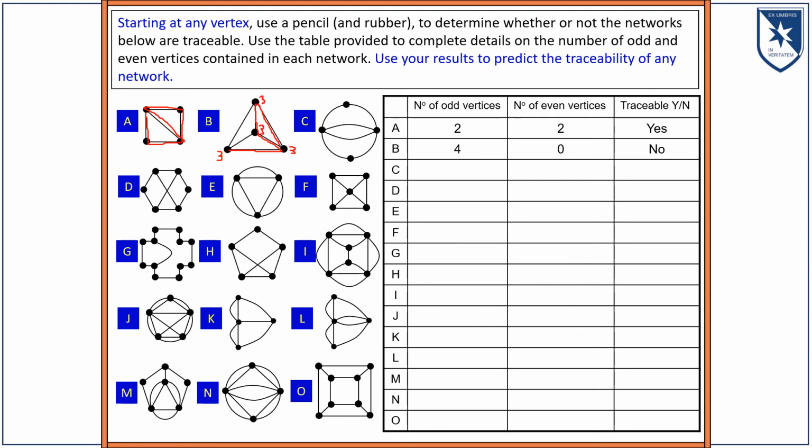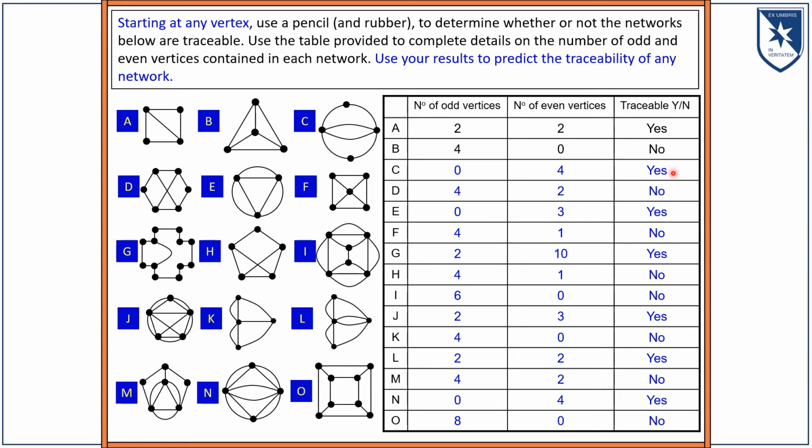Okay, and the answers are all going to appear at once. So here we've got the answers for all of the shapes. Looking at what we've achieved here, we should start to be able to find a link between the answers that say yes. The first one was yes, with 2 odds, 2 evens.